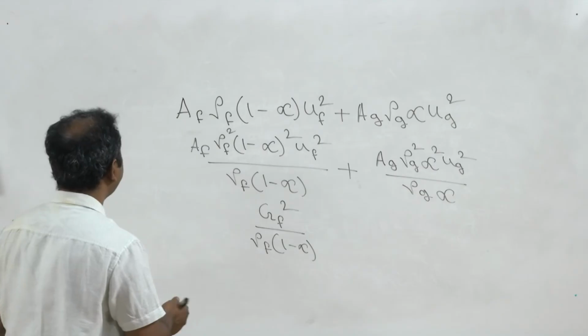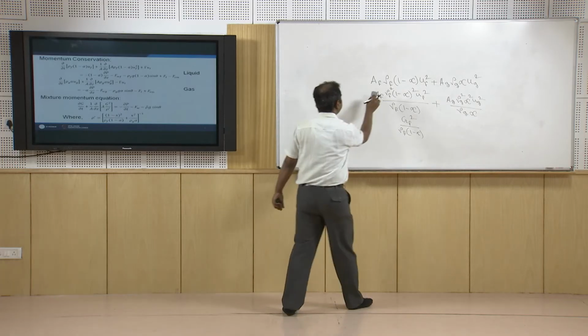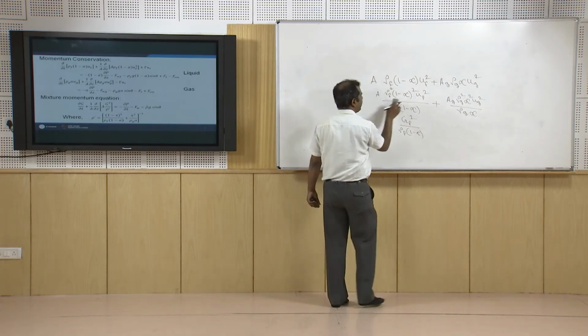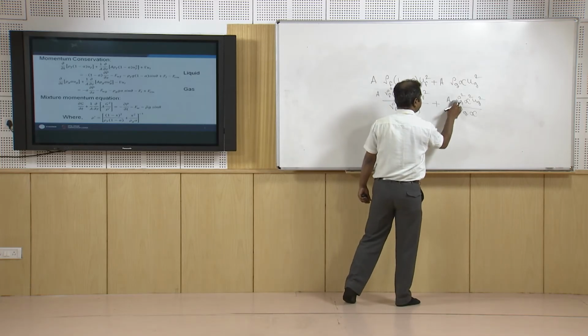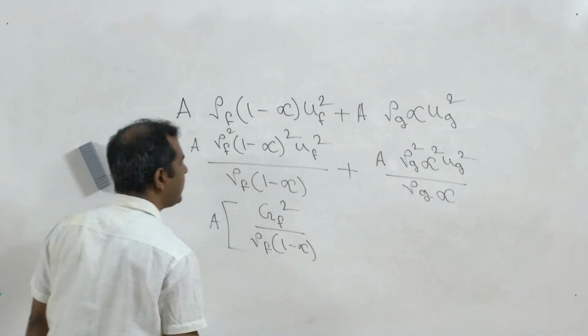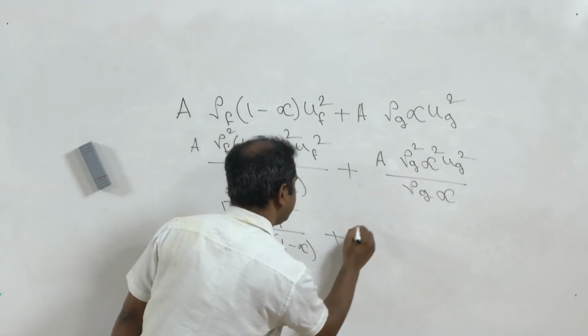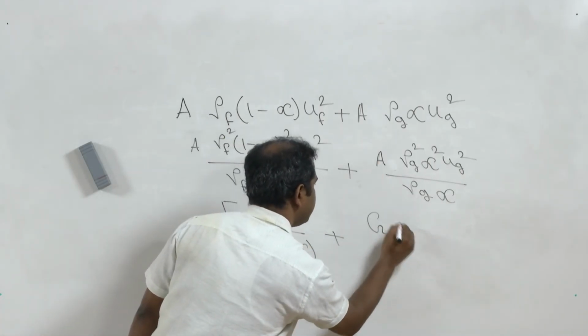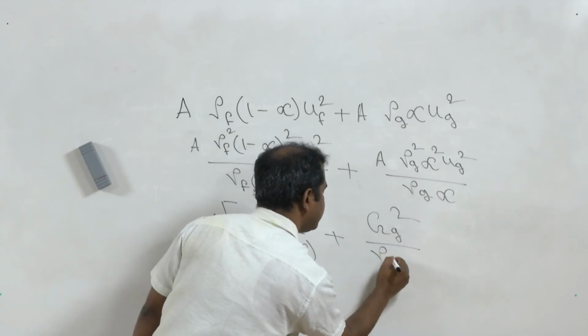Also we will be finding out, okay, this is A. So, A we can take common, and here we will be having Gg whole square by rho g into alpha.